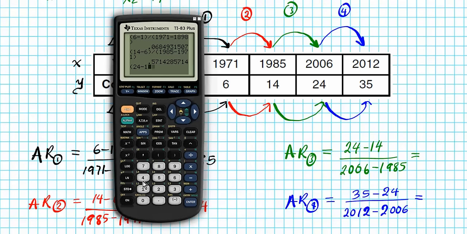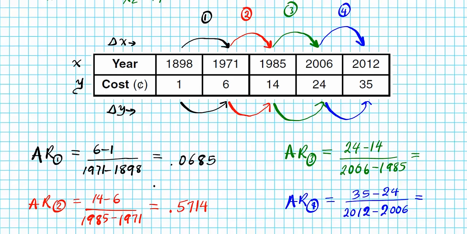Moving along, remember we're looking for the greatest, so we have to do every single one of them. 24 minus 14 divided by 2006 minus 1985. Let me check to make sure I entered it correctly. Average rate, 0.4762. Okay, let's check the last interval.